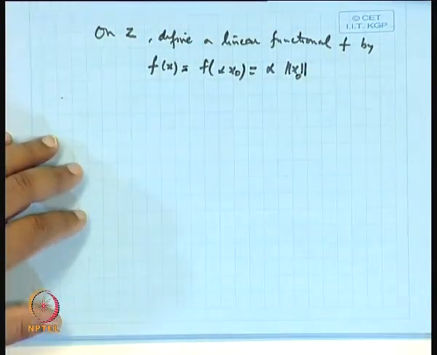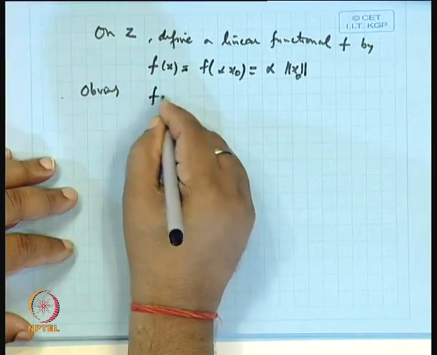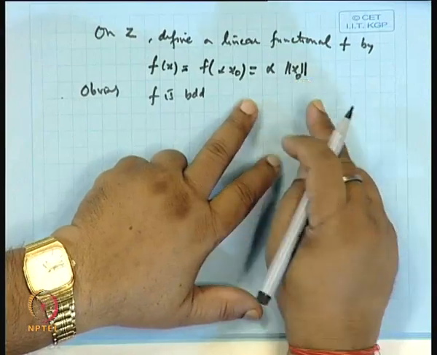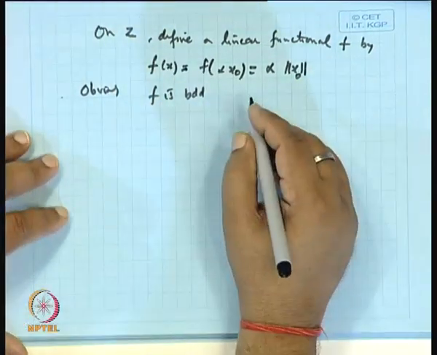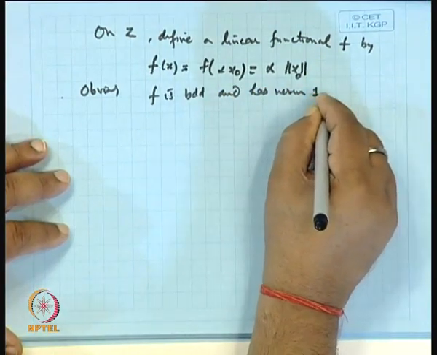Then obviously f is bounded and has norm 1. Why?